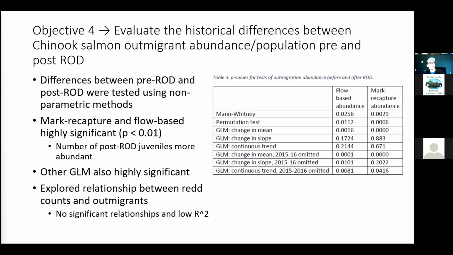Our last objective was to evaluate the historical differences between Chinook salmon outmigrant abundance pre and post ROD. The differences between pre and post ROD were tested using non-parametric methods because this data is not normal in the least bit.